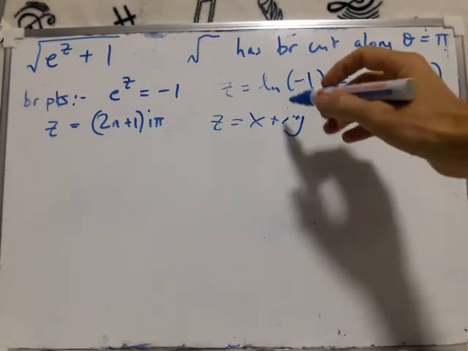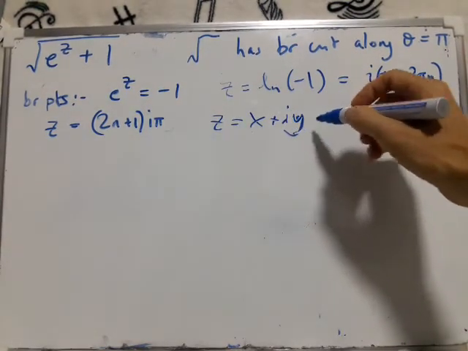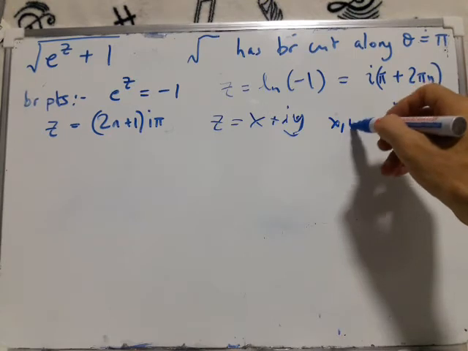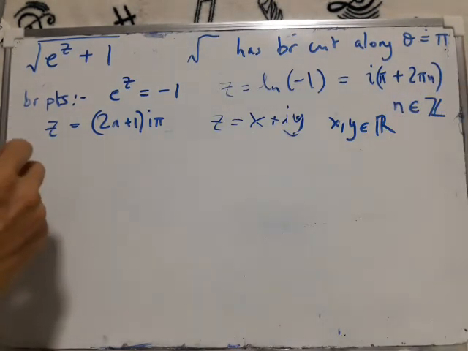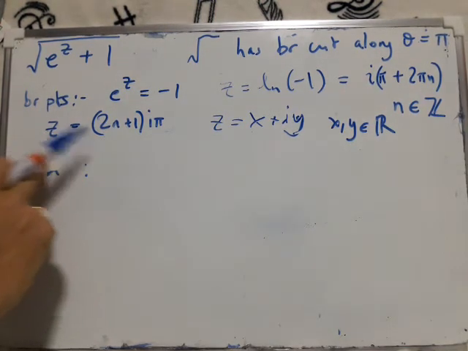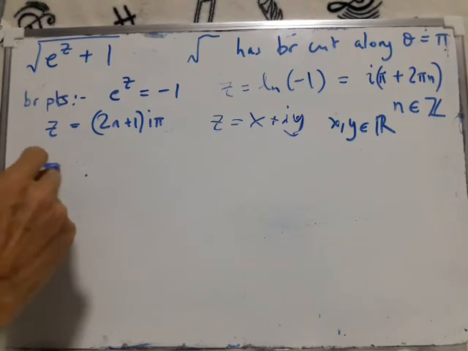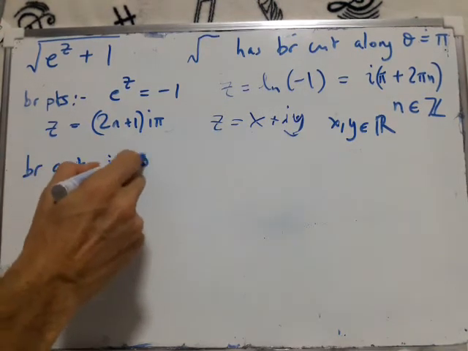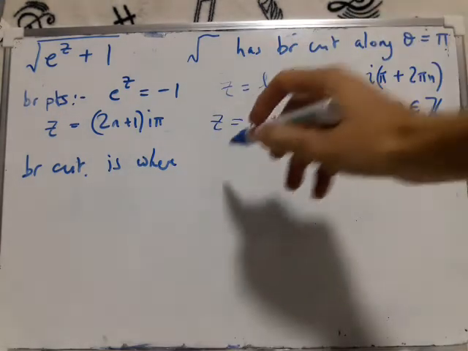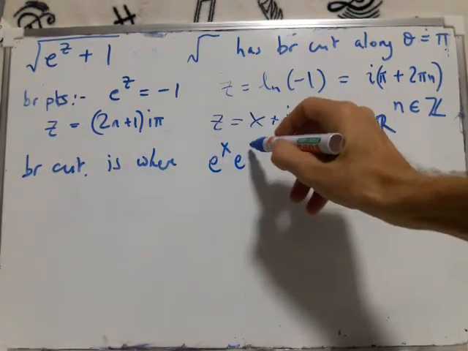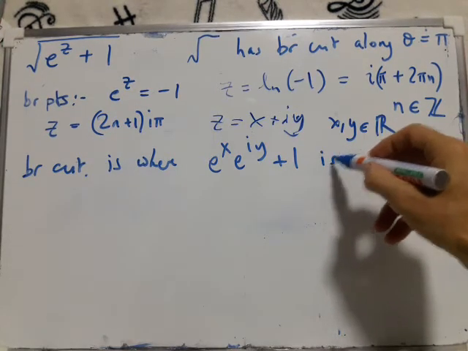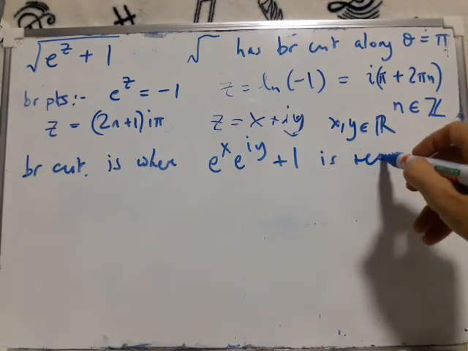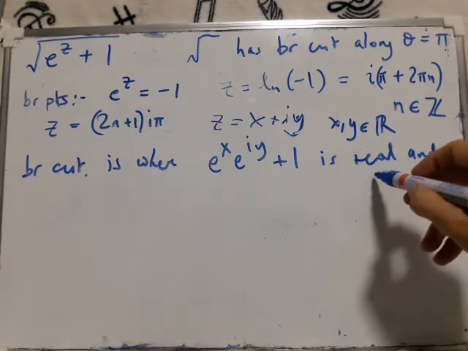So z equals x plus iy, where x and y are real, and the branch cut is where e to the x times e to the iy plus 1 is real and negative.